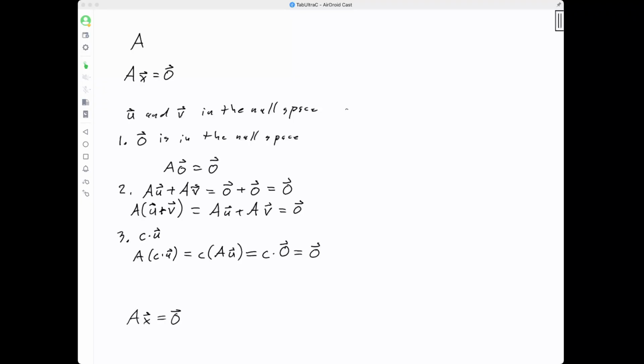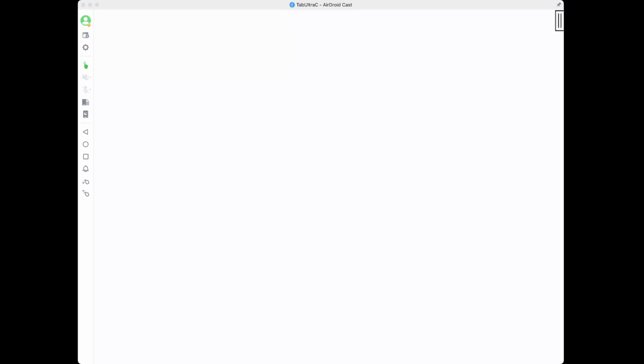Okay, so that's one example of a subspace. This is a particularly important one, the null space. Another example of a subspace is called the column space of a matrix.